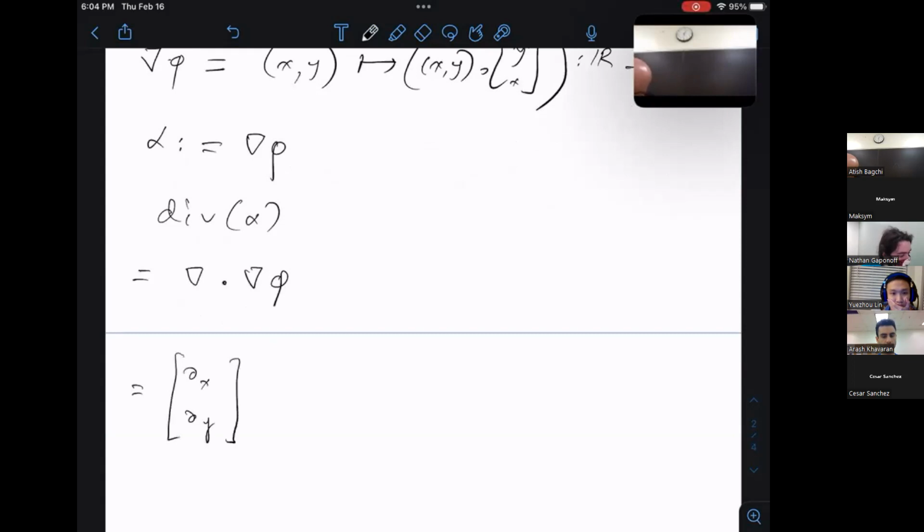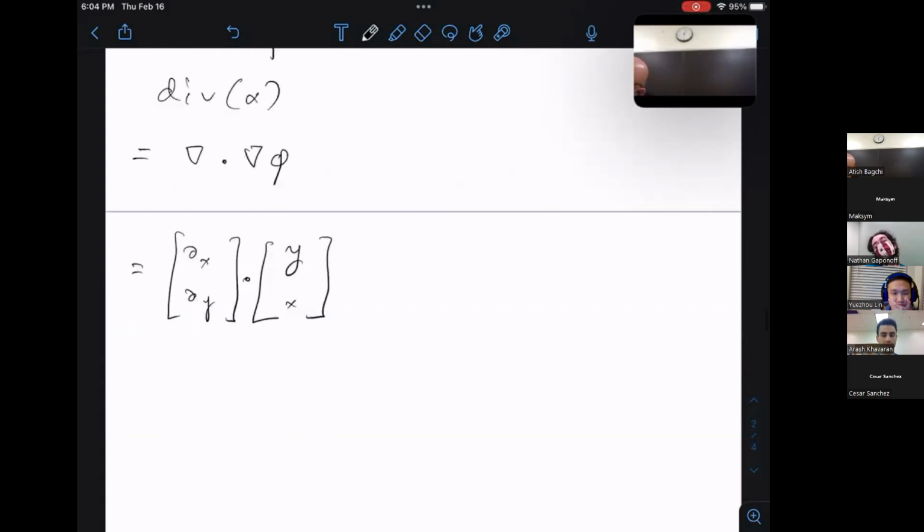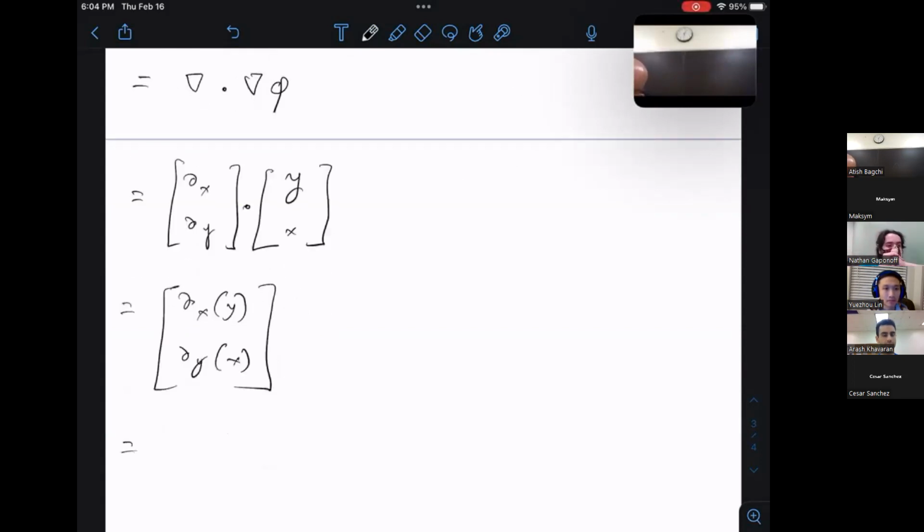It's a dot product, but not really a dot product. I'm writing the dot product, but these are not vectors, so it means that you have to operate with it, which is equal to 0.